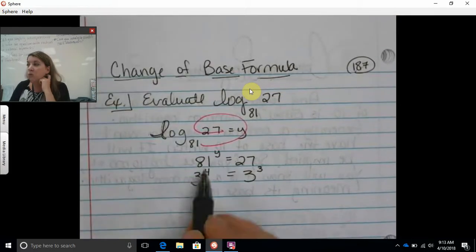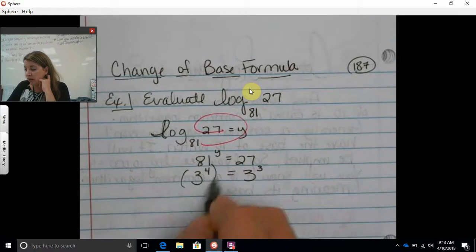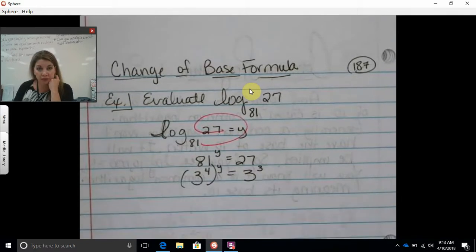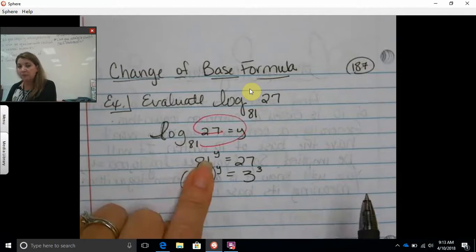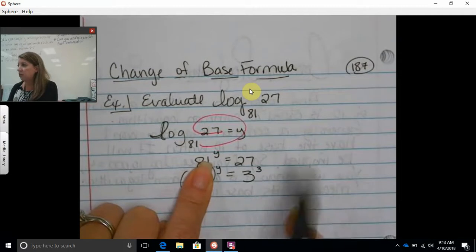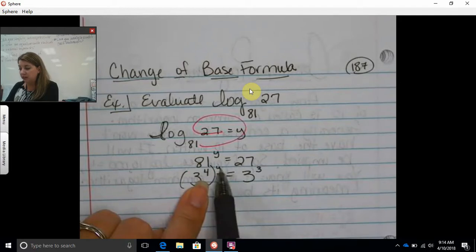Okay, but 81 already had an exponent of y, so our exponent has another exponent. And that's okay. On the last examples we would say y equals 3. Well, this time, if you have a power to a power, you can multiply those together.